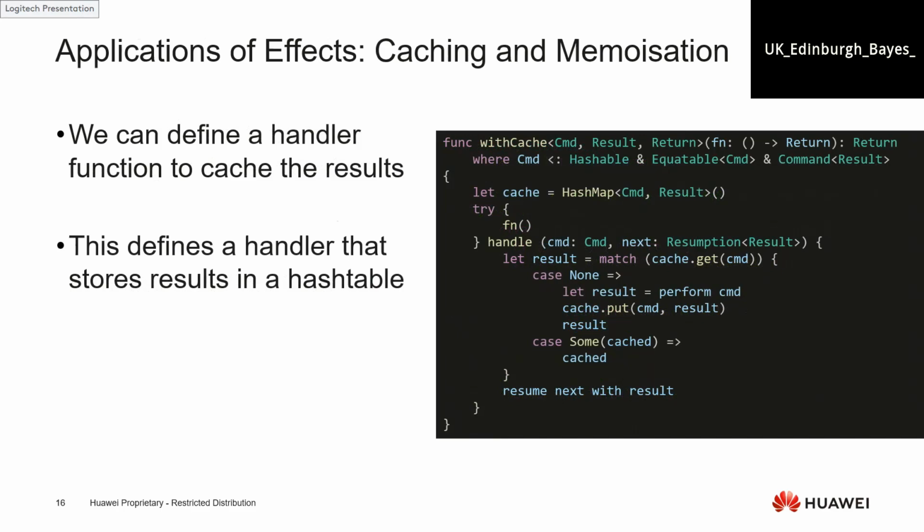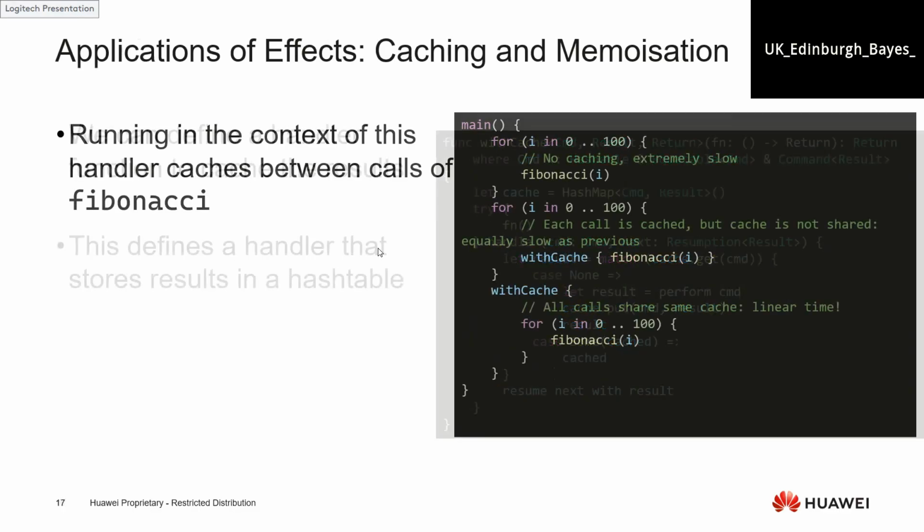What we can then do is use a handler to cache the Fibonacci results and reuse them later. So here we have this function which takes another function as an argument, and what this does is take a function and runs it in the context of this handler.